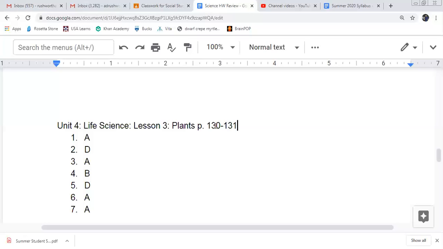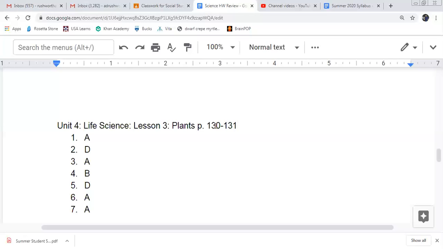All right, number 6, how did the bee help in the reproduction of the lily plant? It is A, the bee moved pollen from the male anther to the pistil, which is the female part of the plant. So basically it moved the male gametes to the female reproductive organs.